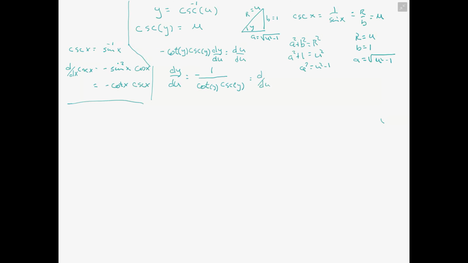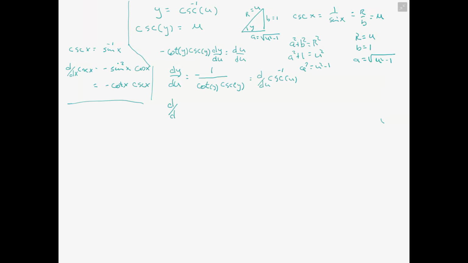And that's also equal to d du of arc cosecant of u.